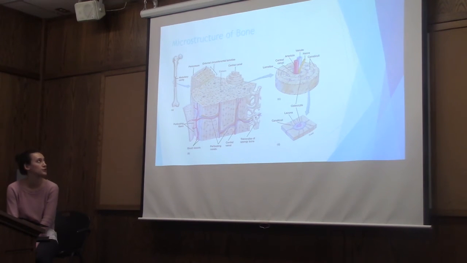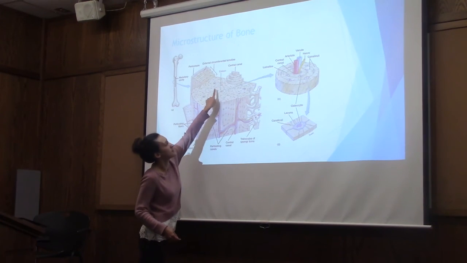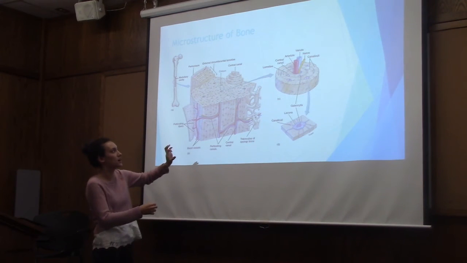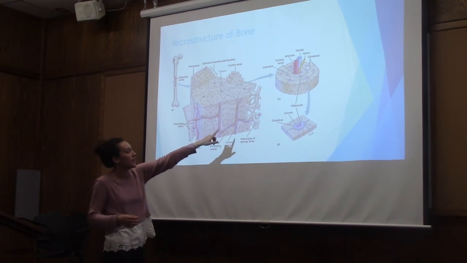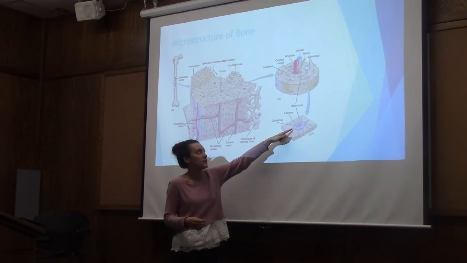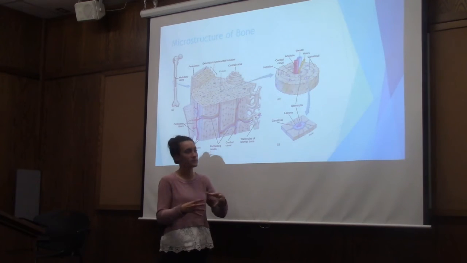Okay, this is the microstructure of bone. You don't need to know this too in depth, just know the different parts, maybe be able to label a picture. So you have the osteon, and then the different rings in the osteon are lamellae, and then you have the lacuna, and inside is an osteoblast, which makes it an osteocyte.